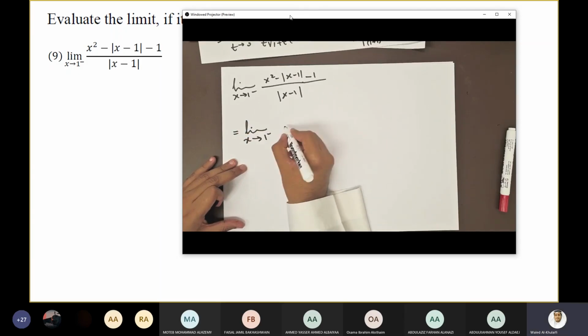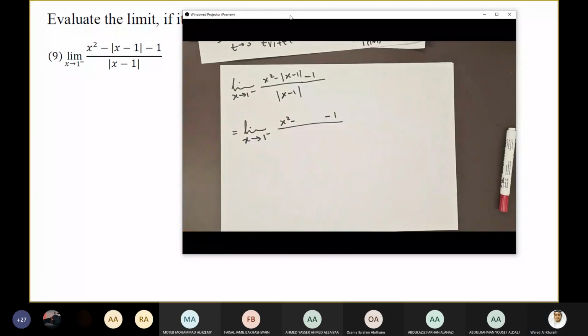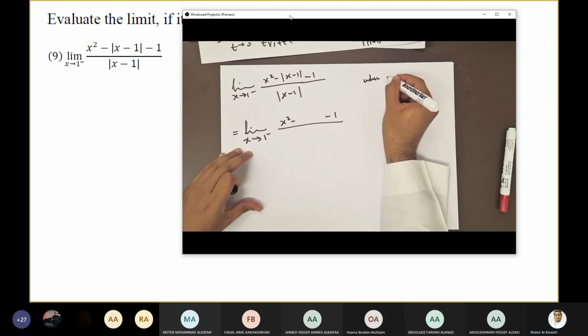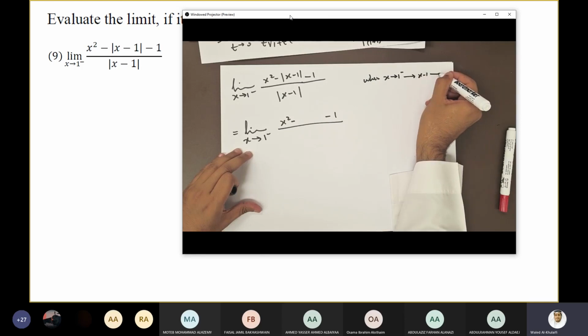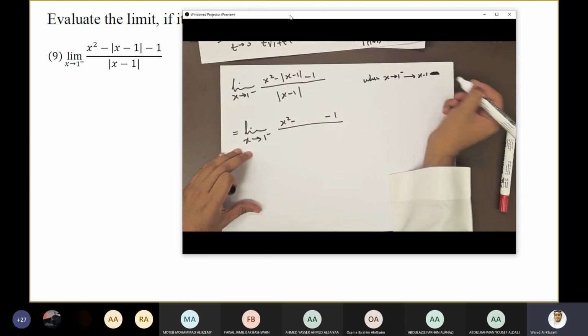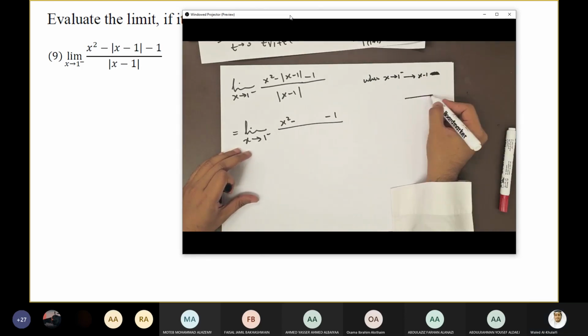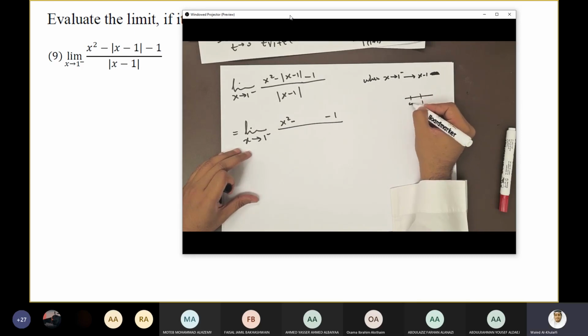So we have x squared minus, then I have minus 1, and then I have to decide on the absolute value of x minus 1. Now, as we know, when x approaches 1 from the left, x minus 1 will approach, which will be what, Shabab? Positive or negative? Here 1, here 0, here 2.